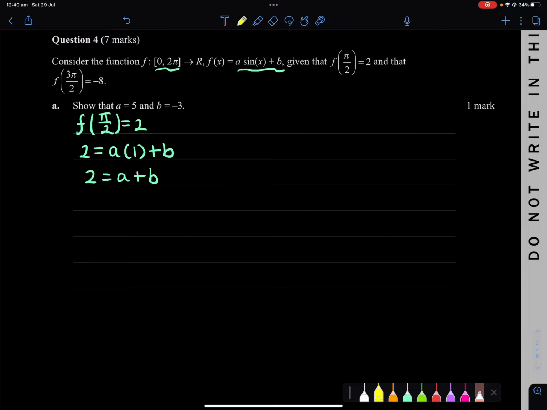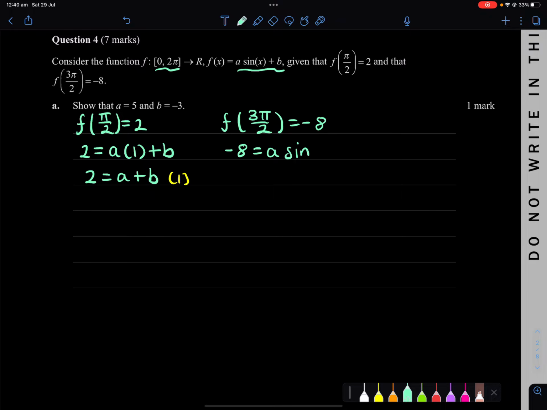We can call this equation 1. For the second one, f of 3 pi on 2 equals negative 8, so negative 8 equals a sine 3 pi over 2. What's sine 3 pi over 2?